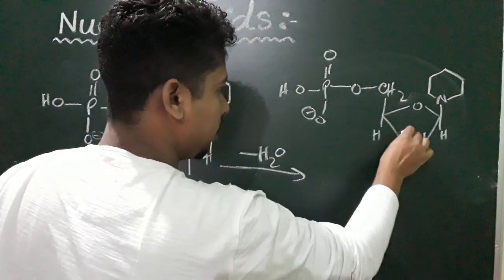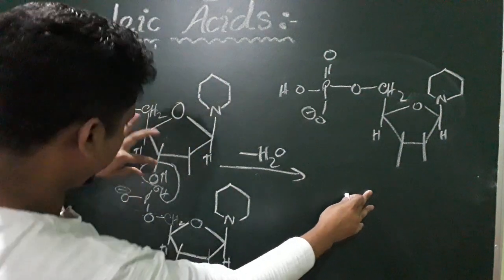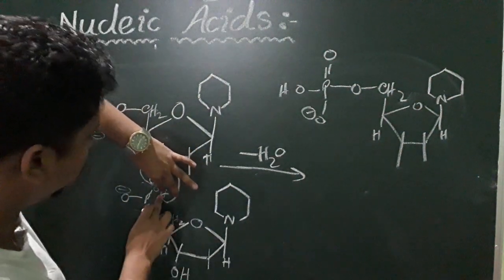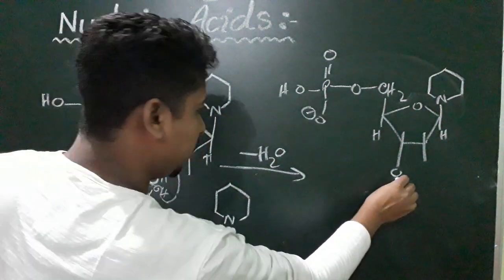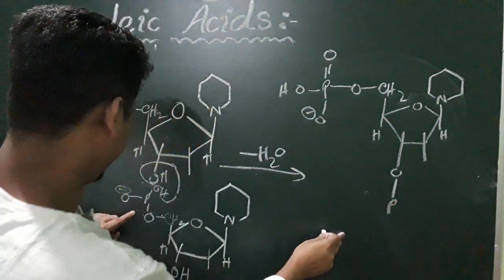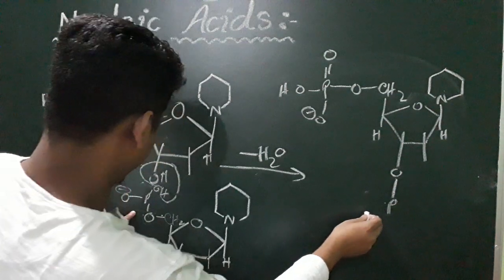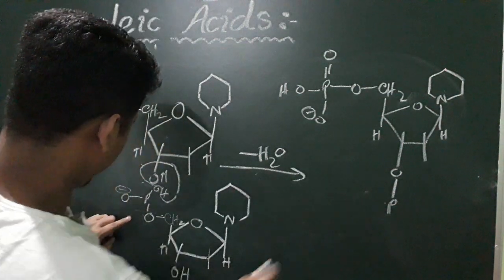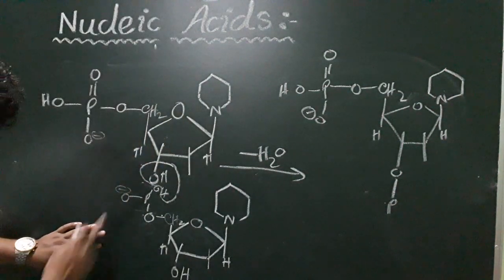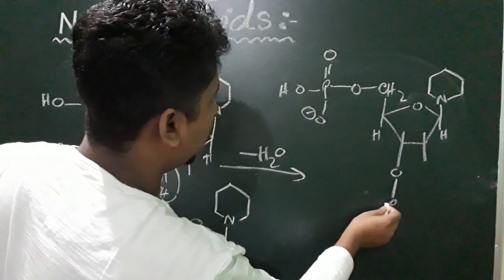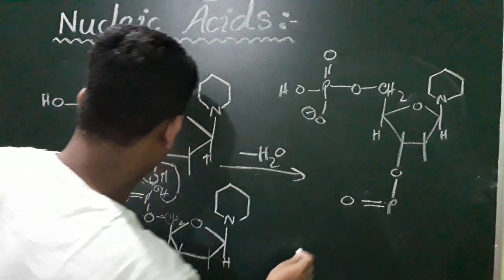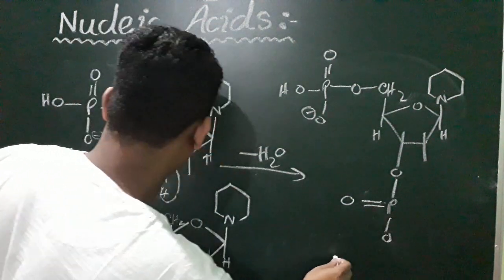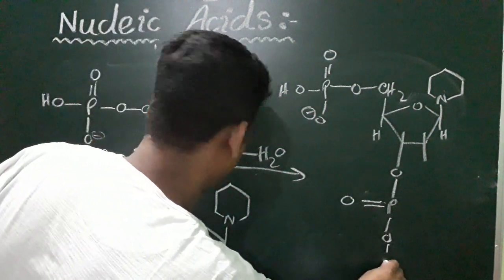And here this water molecule will be removed, so we are left with only one bond O. So here we have bond O, bond P, double bond O, bond O, bond CH2.